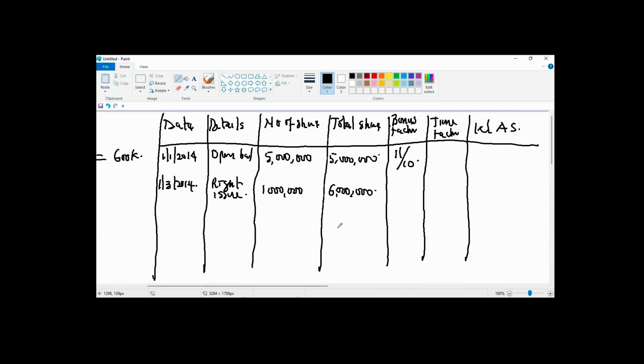That's all. I'll now go to the date to get my time factor. From 1st of January to 1st of March, that will be 2 over 12, January, February. Then from 1st of March to the year end, which is December, 10 over 12. I will now multiply from total. 5 million times 11 over 10 times 2 over 12. And please help me with the calculator.